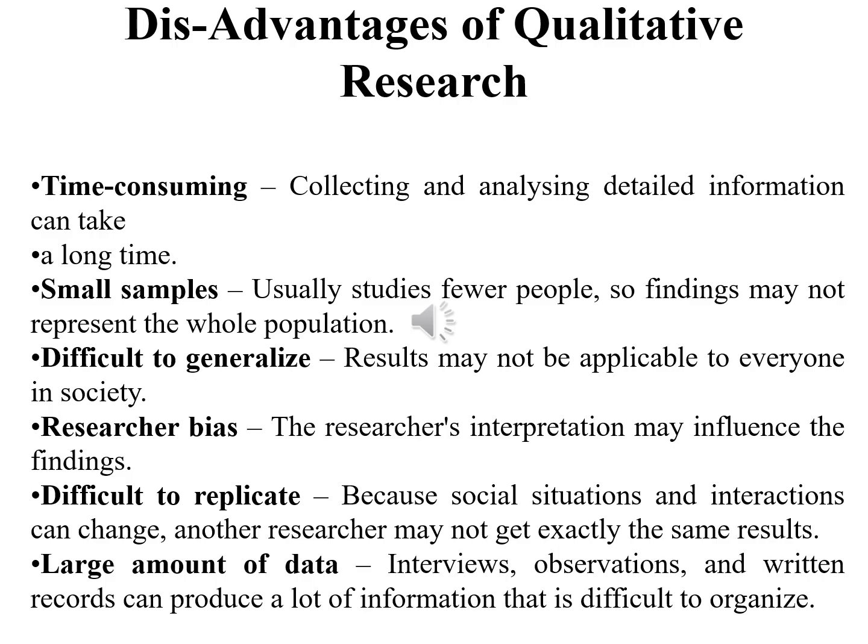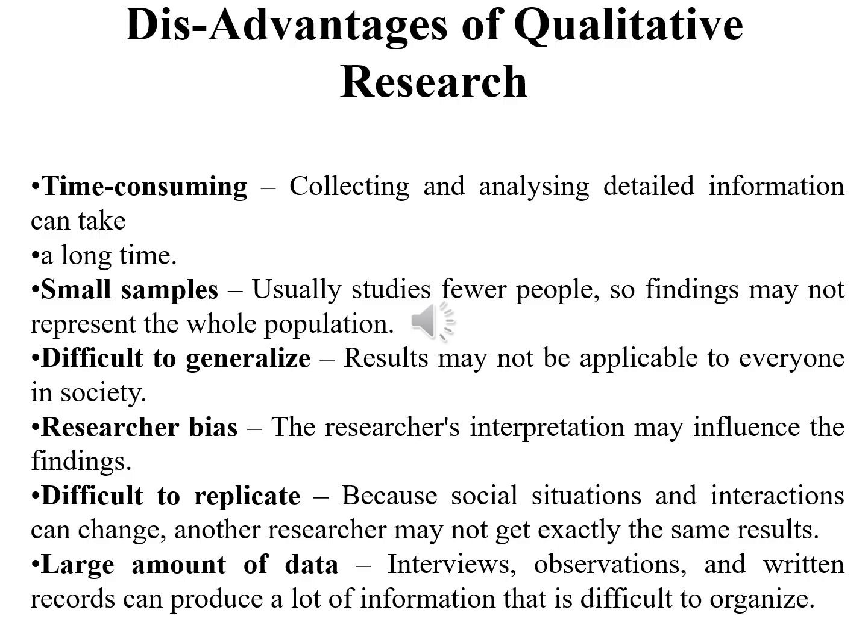But here, as we are doing a detailed study, automatically the sample size is getting small. So because of that, it becomes difficult to generalize our findings and conclusions to the whole population. Because the sample is often small and specific, the findings may not be applied to the entire population.